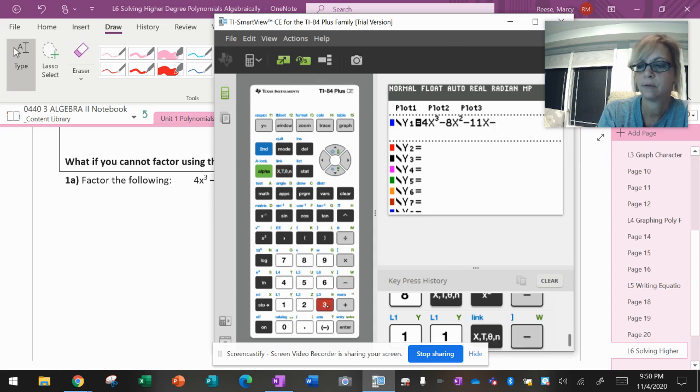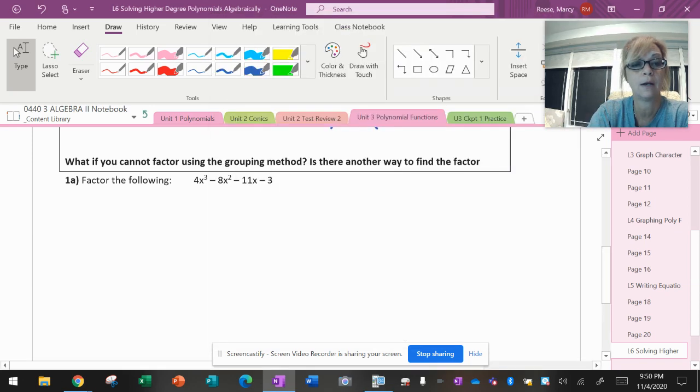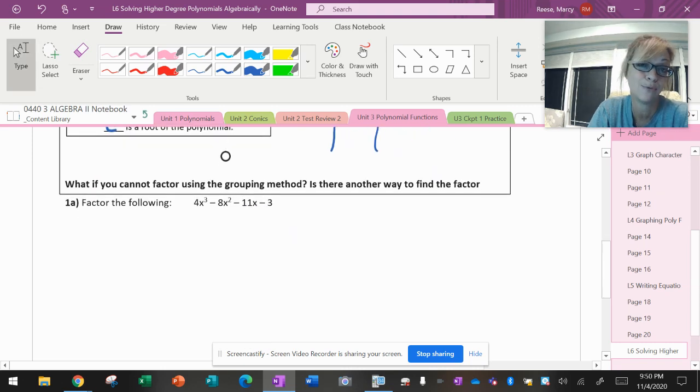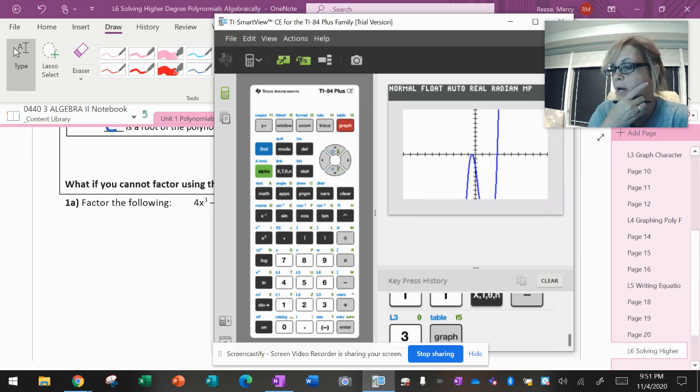Okay, I'm going to put this into my graphing calculator, and I'm actually going to use that factor theorem, right? I'm going to use that thought of, okay, can I see roots? Remember, I had said not all graphs you're going to be able to see it on, so we're going to try it. I'm going to actually try and see if we can find a root here.